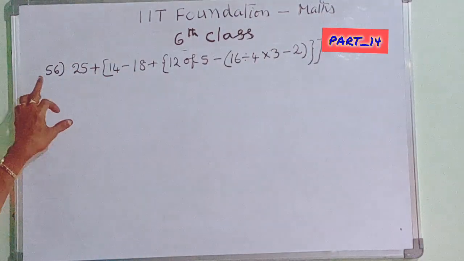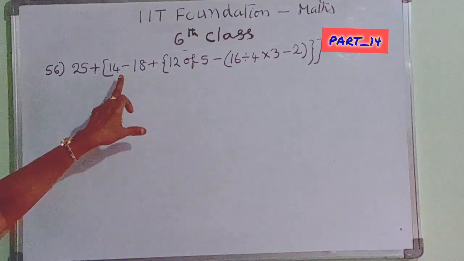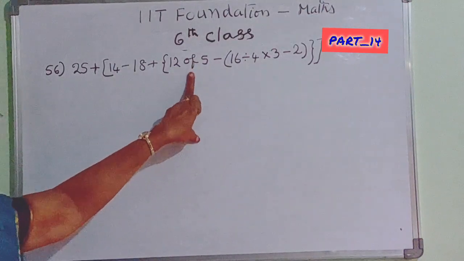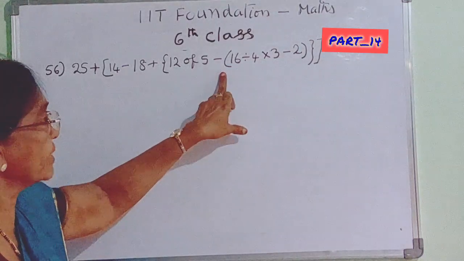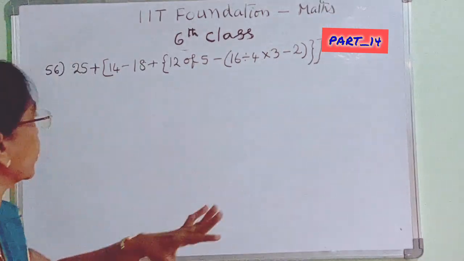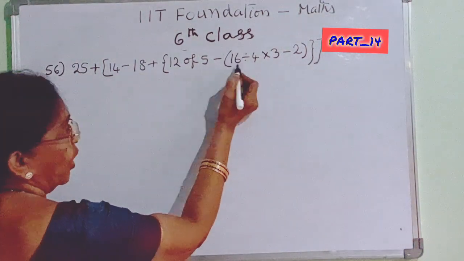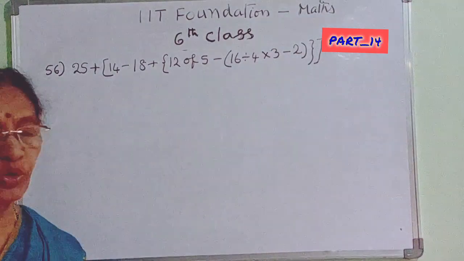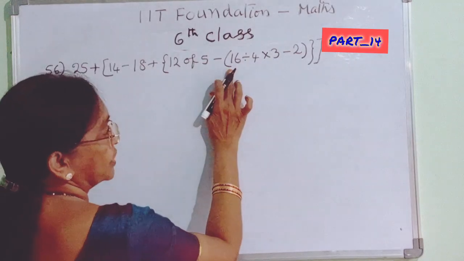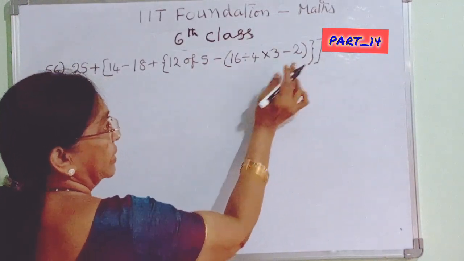So next problem 56. 25 plus square bracket 14 minus 18 plus flower bracket 12 of 5 minus 16 divided by 4 into 3 minus 2. All the brackets are closed, so we have to open the brackets. First this is the small bracket. As there is no vinculum here, first we will open this bracket. Inside the bracket there is a division, a multiplication and a subtraction.